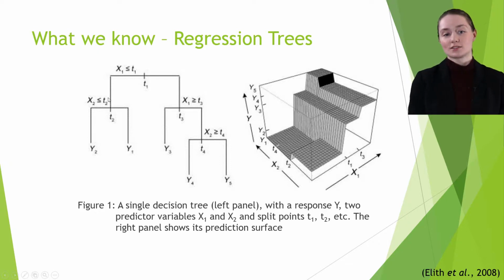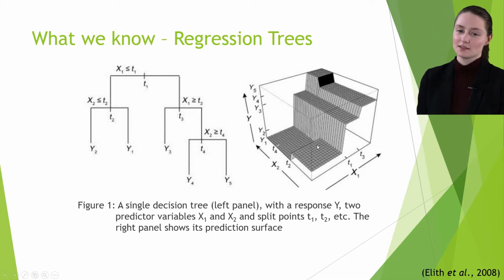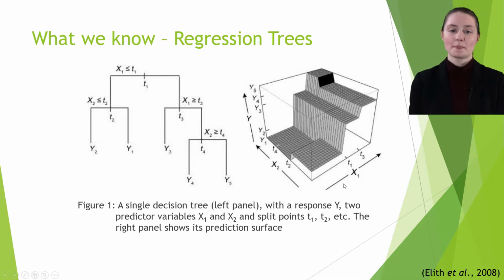Then if x2 is less than or equal to t2, we go to the left again, finding ourselves at terminal y2. And we can see that again on the prediction surface. If x1 is less than t1, we find ourselves on the lower area here. And then if x2 is less than t2, it's this slightly raised surface here.